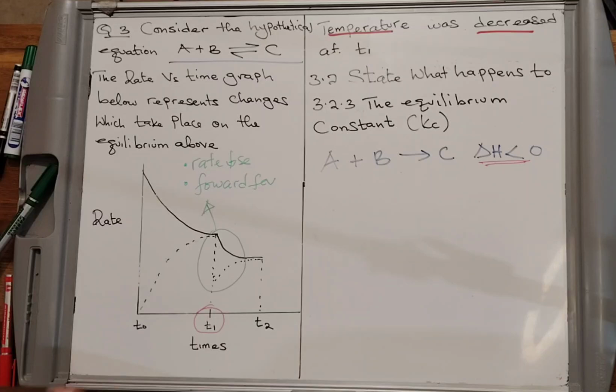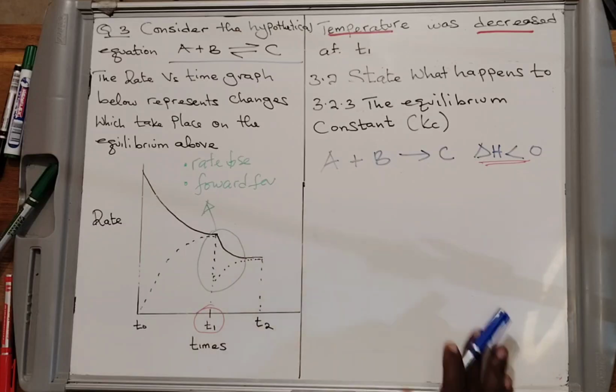For exothermic, an increase in temperature decreases Kc, according to Le Chatelier, and a decrease in temperature increases Kc. Briefly, for endothermic, increase in temperature increases Kc, and a decrease in temperature decreases Kc.